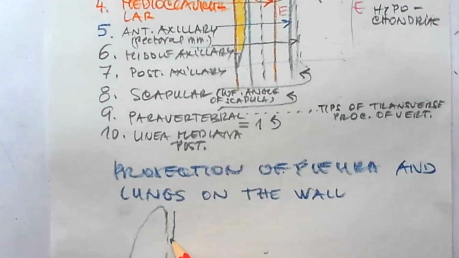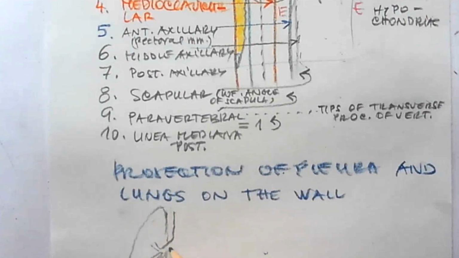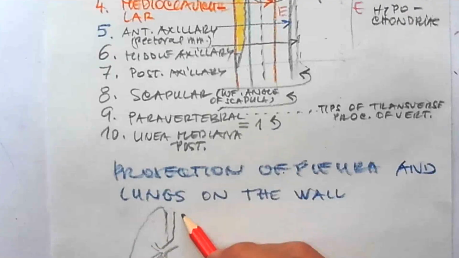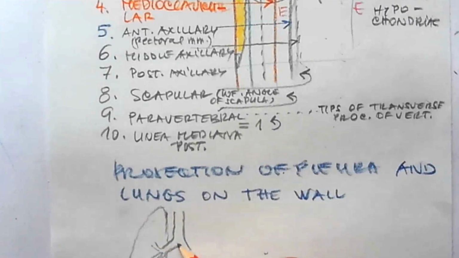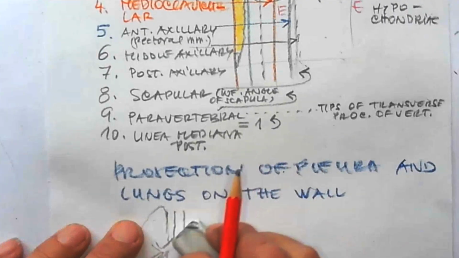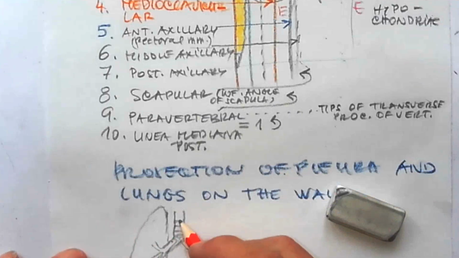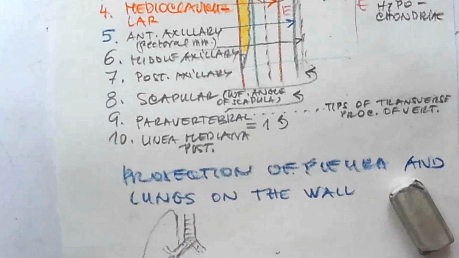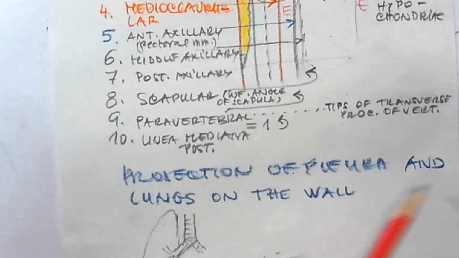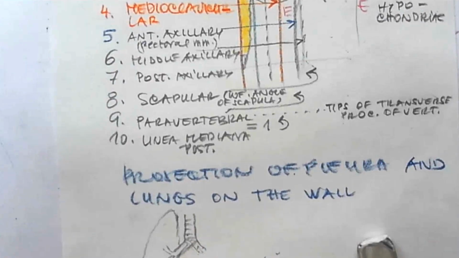Then we see the trachea dividing, of course, into the main bronchi. This trachea like that. It must be a different angle, like that. Here you see the trachea, no need to draw more. And then the lung is slightly oblique, like that.